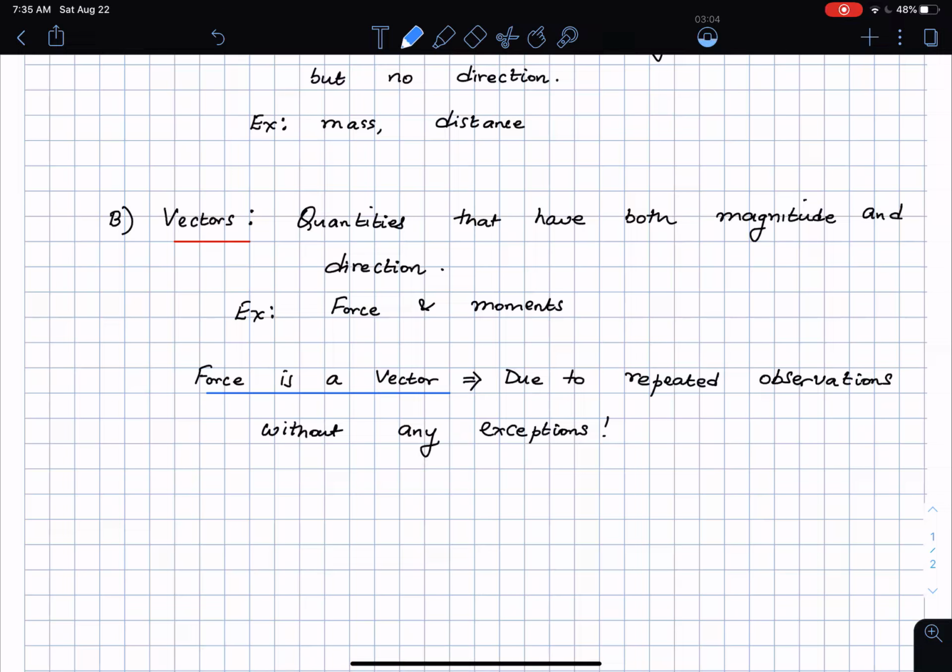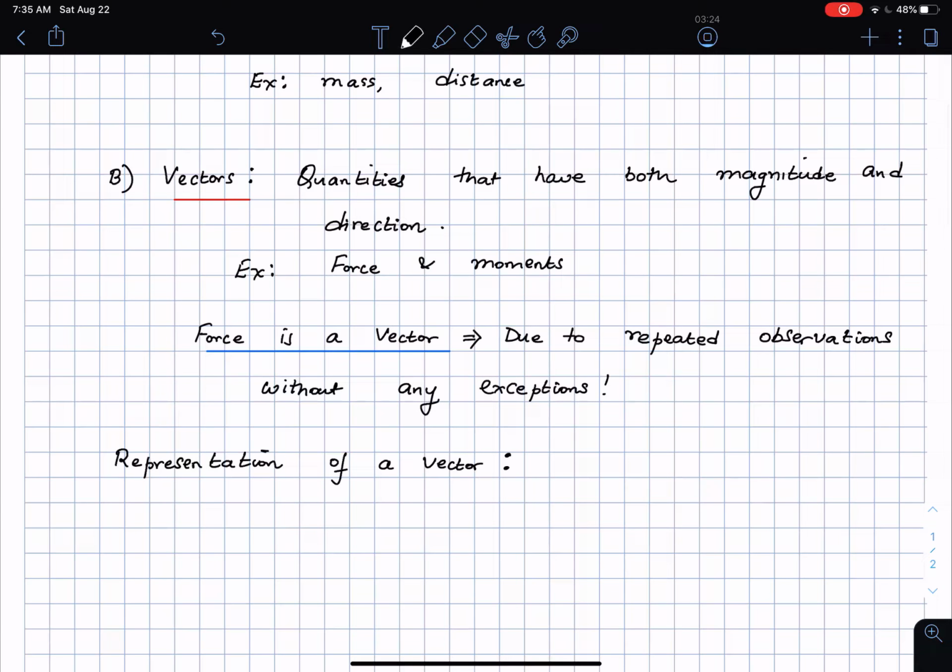All right. So the typical representation of a vector is with an arrow on top. If I say vector A, then this is typically written in capital letters usually, but I'm not a stickler for that. But I would typically follow writing it in capital letters, A with an arrow on top.